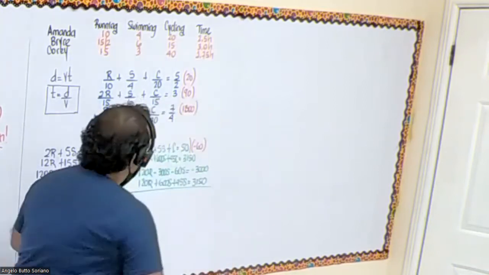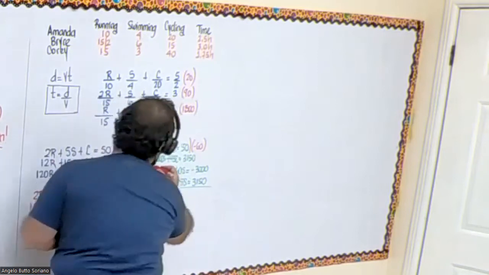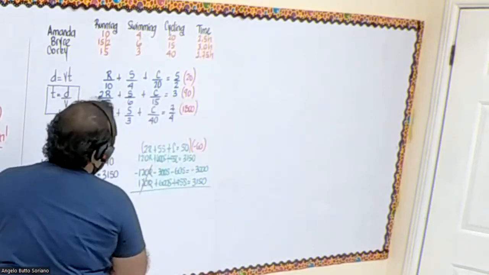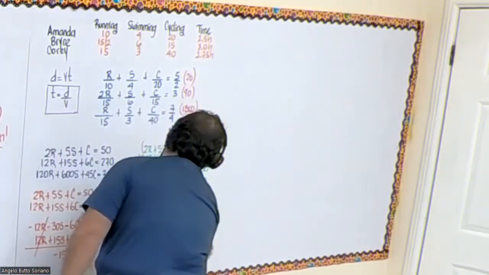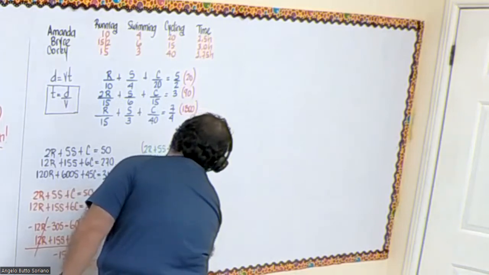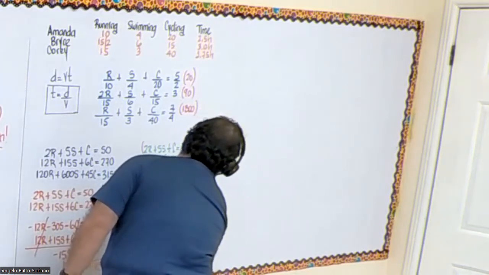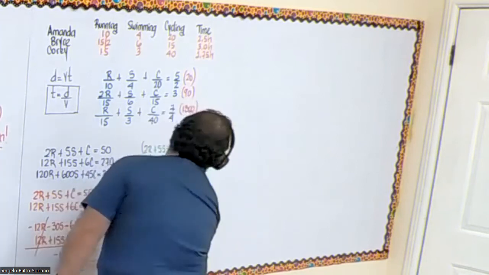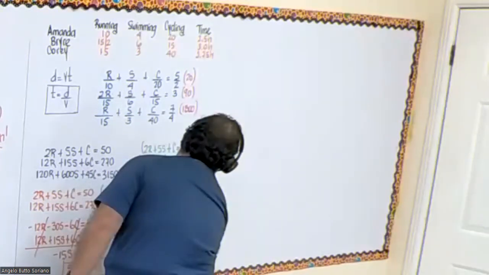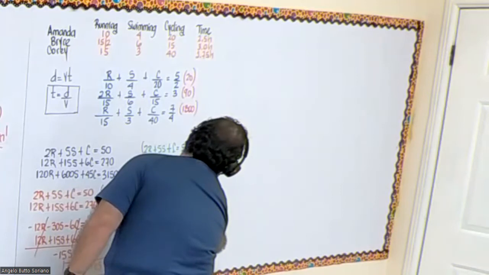What's going to happen? We can eliminate r. 600 minus 300 will be 300s, and negative 15c, that will be 150.